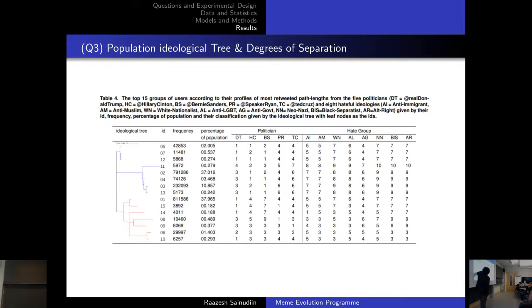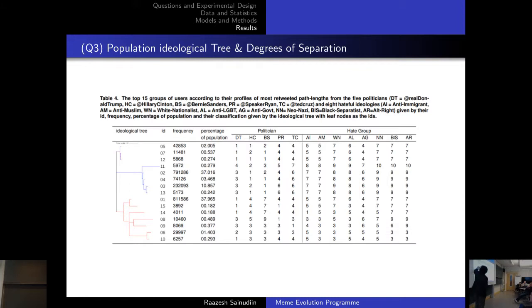If you note these guys, they're kind of equally close to Donald Trump and one of the presidential candidates. So we put them in a purple clade, they're not red or blue. And here, this is the top 95% of the population, up to the resolution of 7 integers in this tree building process.